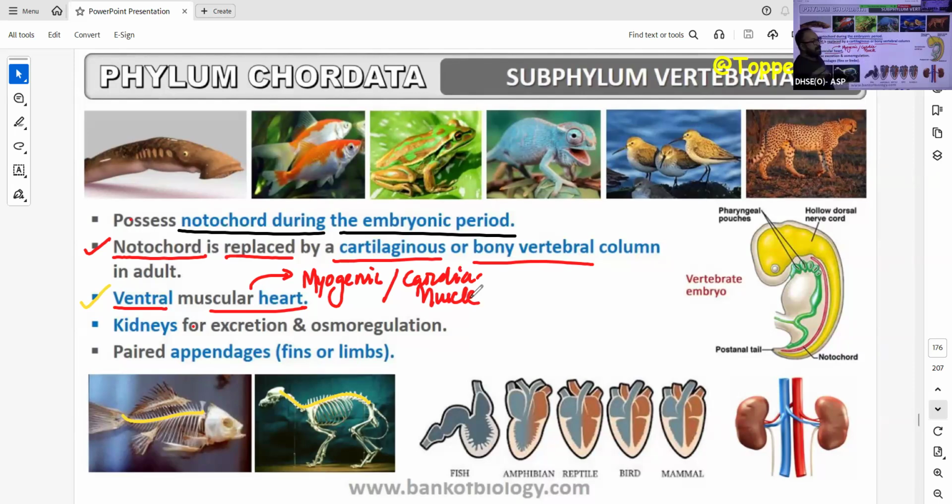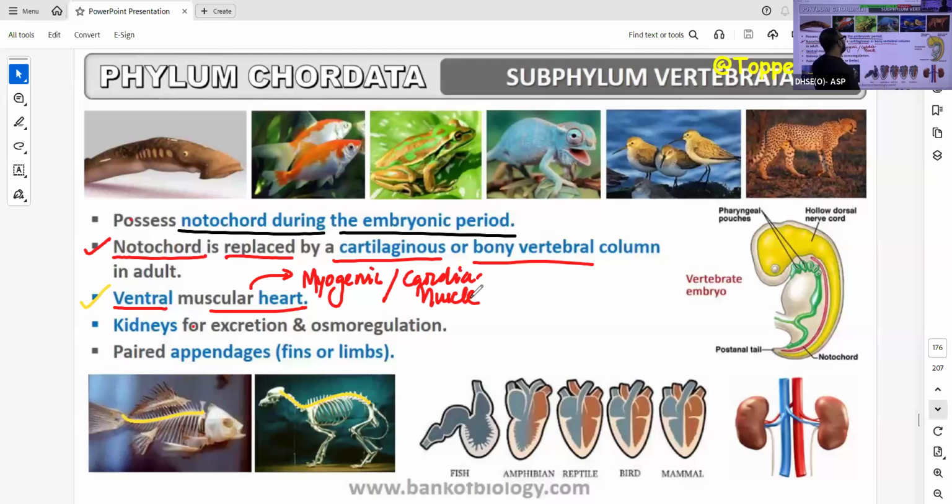ठीक है, the heart is ventrally positioned, correct. It is myogenic in nature, meaning it can give rise to or produce its own stimulus for its contraction and expansion. Again, the origin of the impulse for contraction and relaxation of the heart is originating from the heart itself.